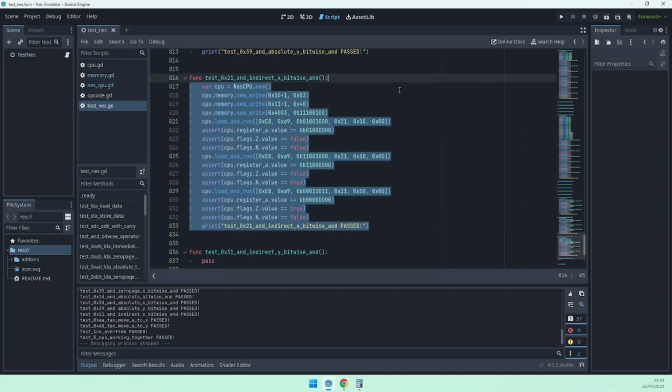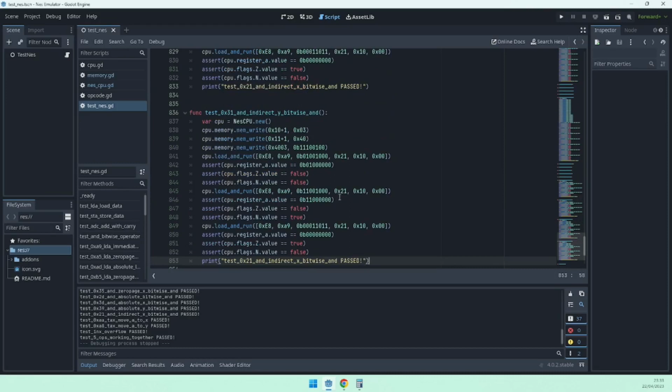So now we make the indirect Y, and to make the indirect one we should remove the plus 1 from here and put it in here, and that makes indirect Y work already.